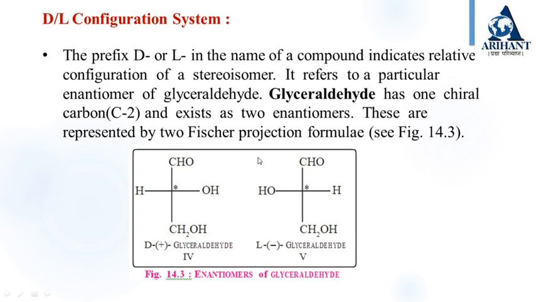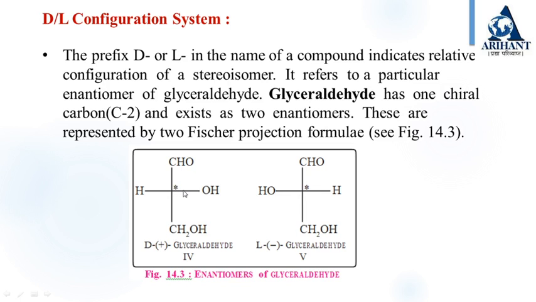These are represented by two Fischer projection formulae. See in this figure, this is the structure of glyceraldehyde. It is a mirror image, so with one chiral center, two isomers are possible in the case of glyceraldehyde.